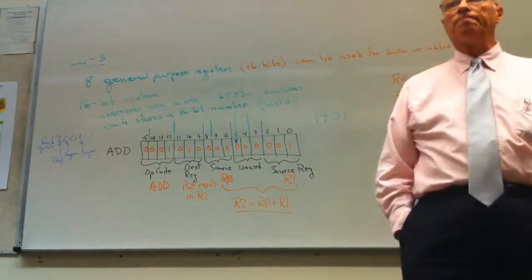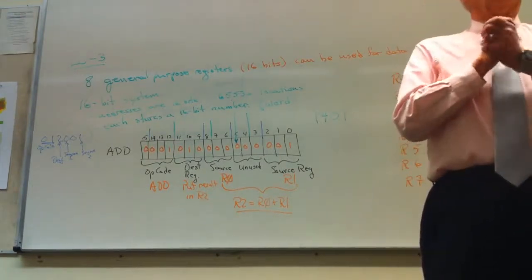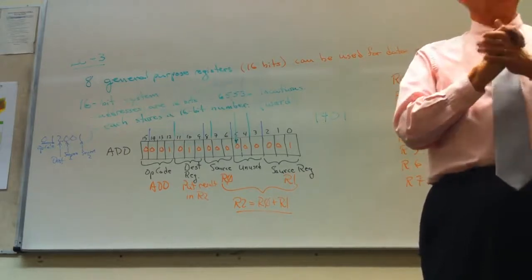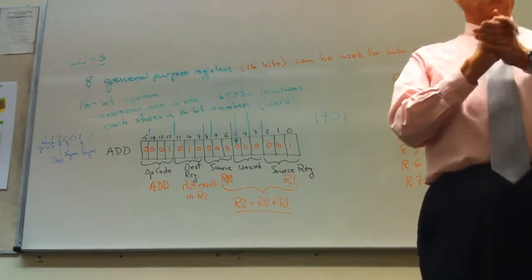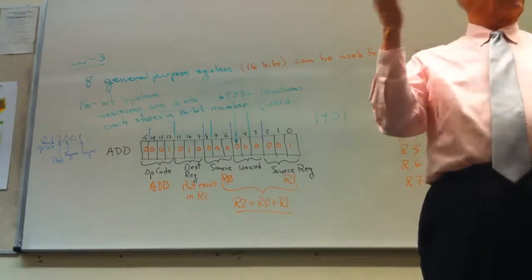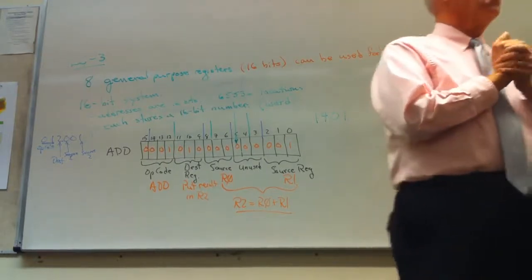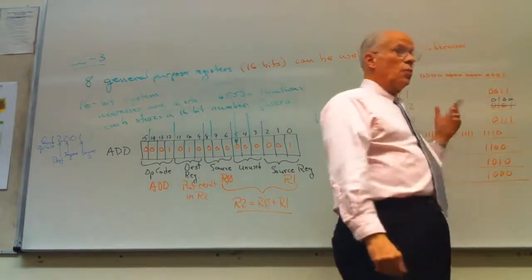That's fair enough. I'll just make a comment here initially. You really need to know how to convert back and forth between decimal, hexadecimal, and octal. You need to know that process. You need to know 2's complement.